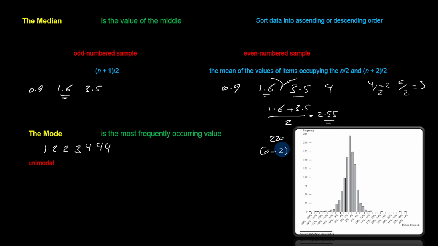If I were to draw something like this, a unimodal distribution would look something like this. That's my line. The place where it peaks is your mode, right? And like I said, your sample could be bimodal. That means you have two modes. If I were to draw that, it would be like this.